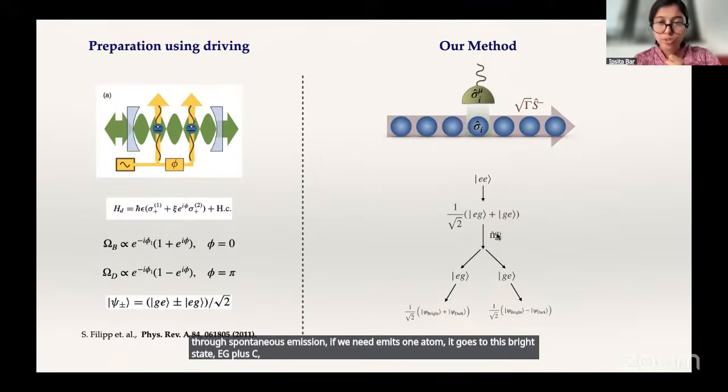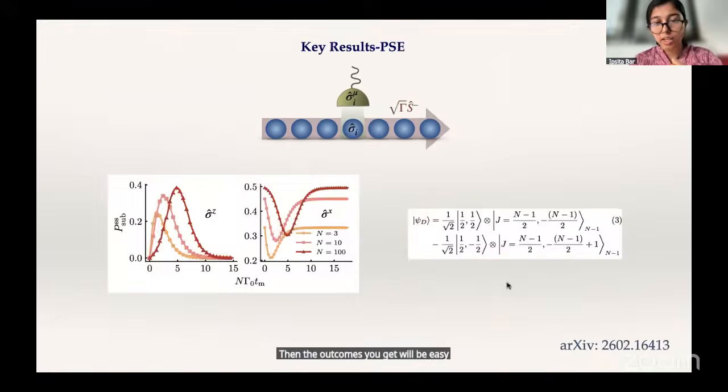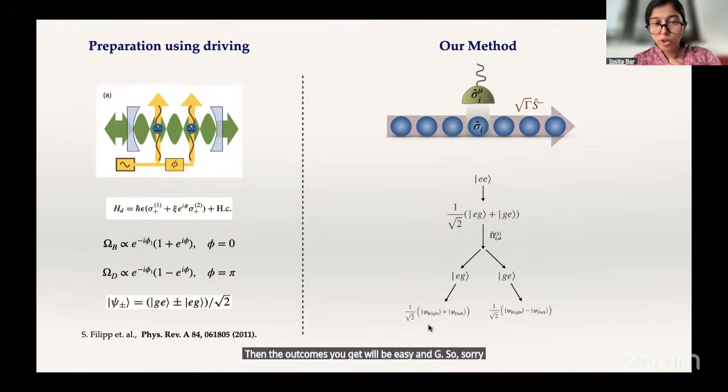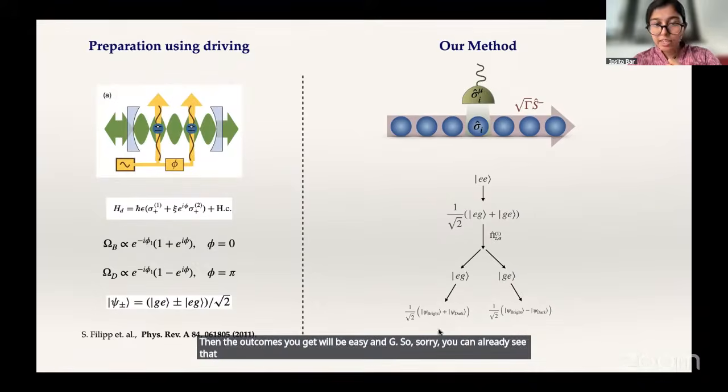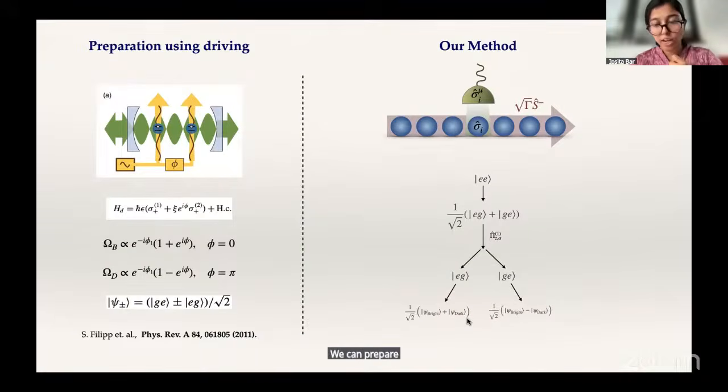And now if you do a measurement on the first qubit, say in sigma Z basis, then the outcomes you get will be Eg and Ge. You can already see that this Eg and Ge will be a combination of this psi plus and psi minus. This already guarantees that in 50% of the trajectories, with just one measurement, we can prepare the subradiant states or dark states.